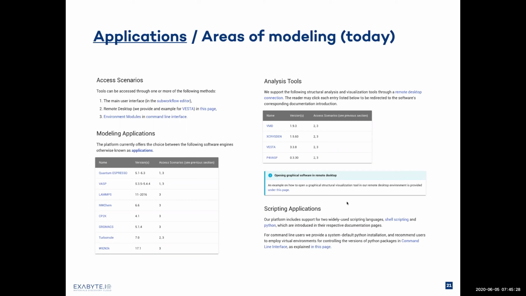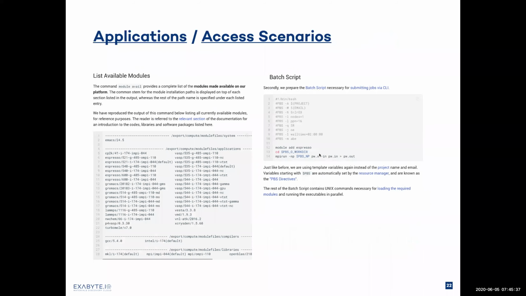We obviously support the execution of scripting applications like Python and Shell and Jupyter. These applications are also available through command line. There are multiple access scenarios, including remote desktop, command line access, and the web application access.